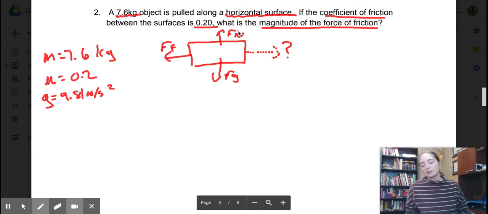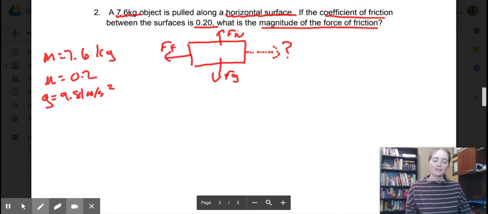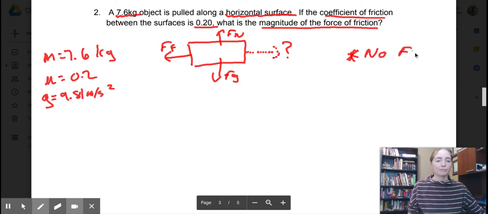Okay, so let's think about this for a sec. Well, I can't use my F net equation here because I don't know anything about a force applied. On x, there is no force applied.